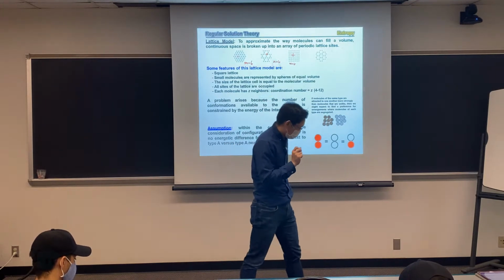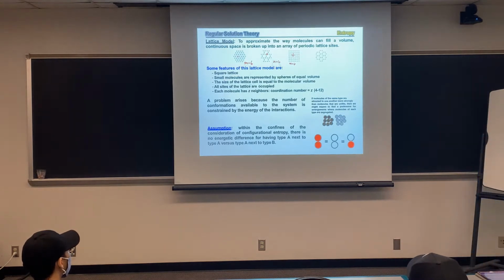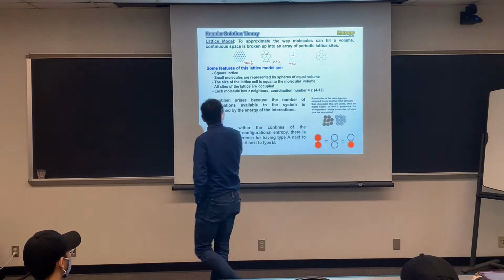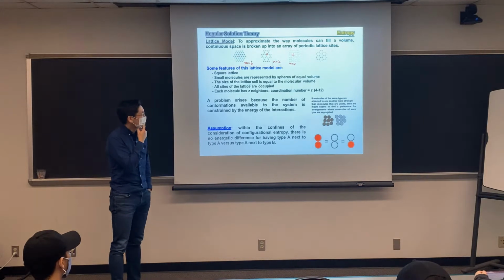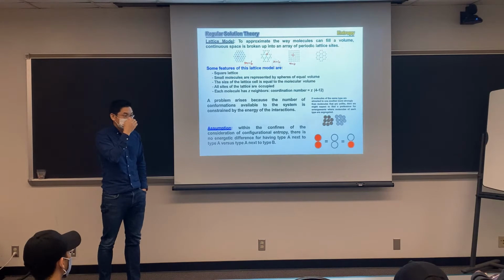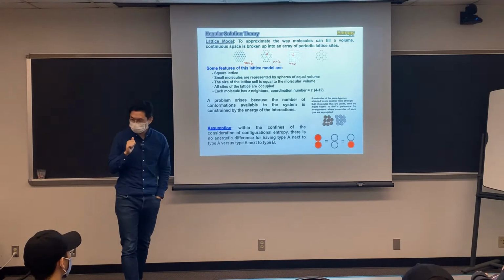This matters when we consider the enthalpy because we just need to consider the pair interactions, how many different interactions we potentially have. We also want to store this simple interaction in terms of enthalpy.